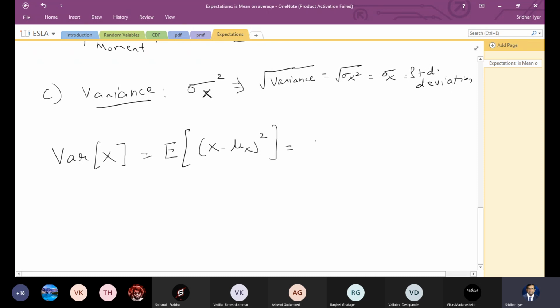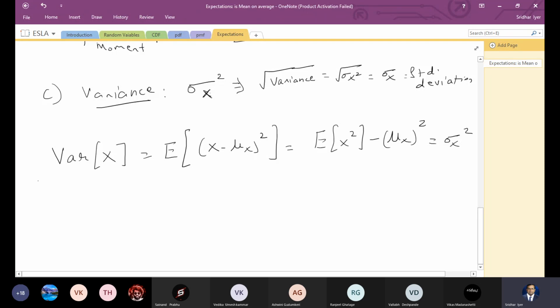And you can also write this as, and we'll derive this a little later, E of x square minus mu x the whole square, and that will be nothing but sigma x square. Okay, so we are now going to derive how E of (x minus mu x) the whole square is E of x square minus mu x the whole square, right?